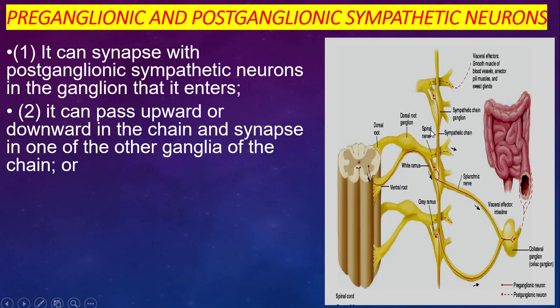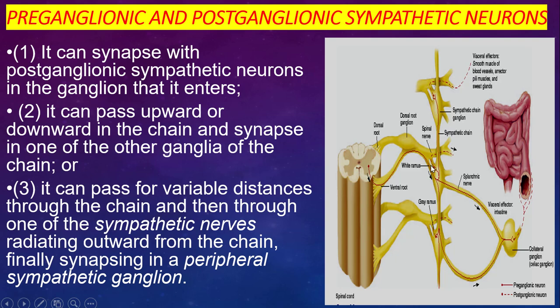It can pass for a variable distance through the chain and then through one of the sympathetic nerves radiating outward from the chain, finally synapse in peripheral sympathetic ganglia. The other course is that it may pass upward or downward and then, without synapse, come out from the chain and synapse in other ganglia.